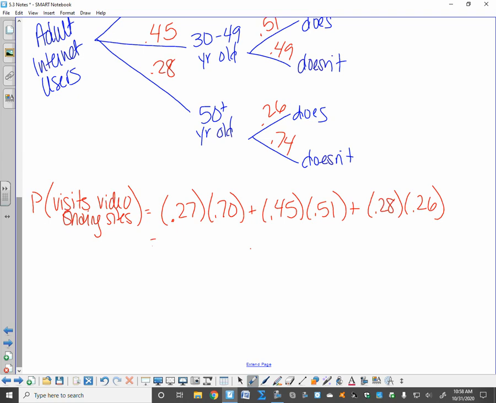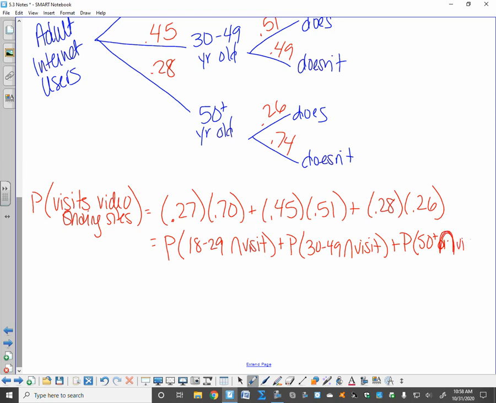If I were to put this in words, it would be the probability that you are 18 to 29 and visit, plus the probability that you are 30 to 49 and visit, plus the probability that you are 50 plus and visit.